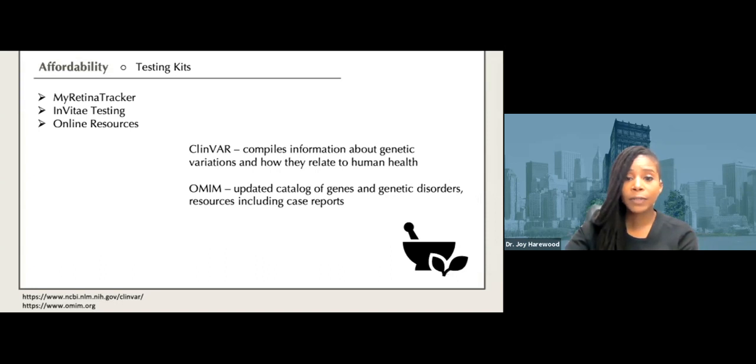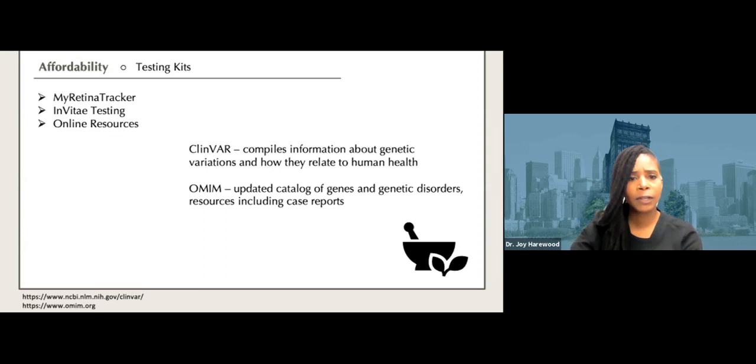Finally, there are online resources that can help to aggregate the data from all of these genetic tests, and that can help to explain a little bit better what these tests mean. ClinVar and OMIM, I don't know if I'm saying these correctly, but regardless, these are sites that aggregate these genes and genetic variations and disorders, so you can help to educate your patients a little bit more about their hereditary retinal disease.